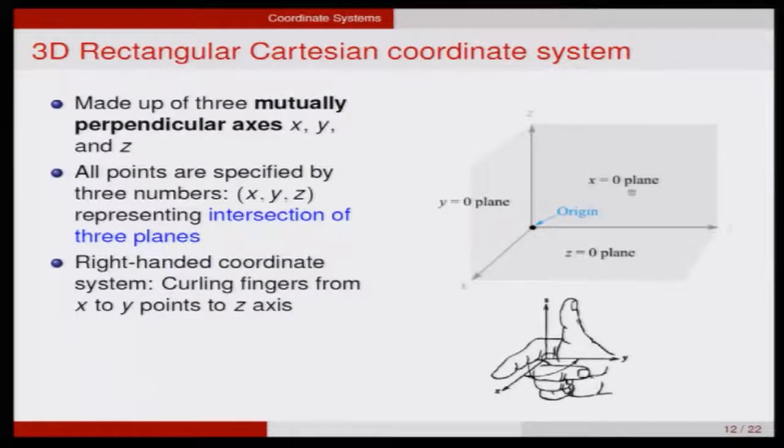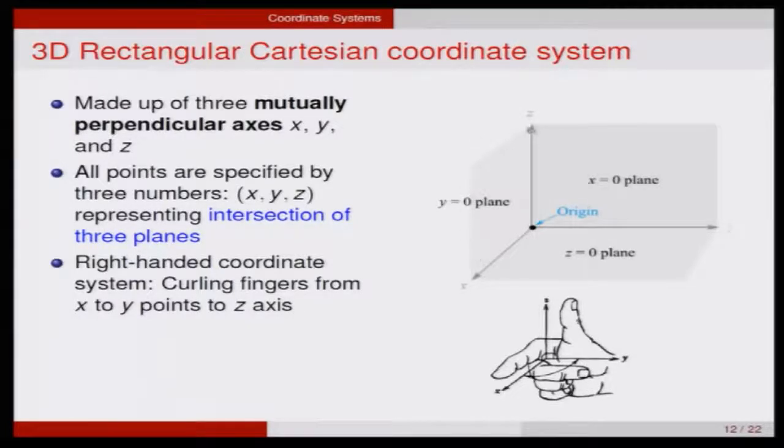Look at the x is equal to 0 plane. All points on this plane have an x value equal to 0. And if you look at this horizontal plane, this is the z is equal to 0 plane, because all points on this plane have a constant value of z, which is 0 in this case.